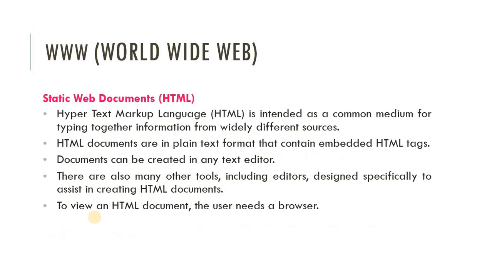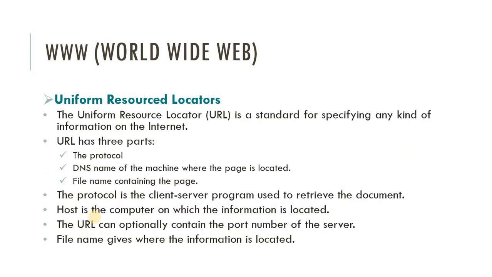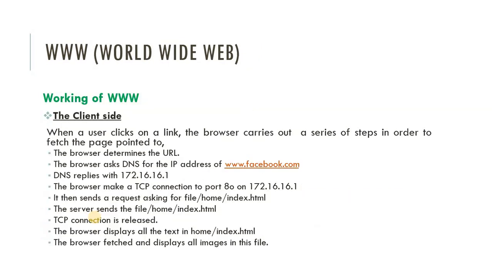Next we learned what HTML is. The types of HTML are static HTML and dynamic HTML. And next we learned about URL. URL contains mainly three parts: the protocol, DNS and file name. And at last we learned how WWW works on the client and the server side.